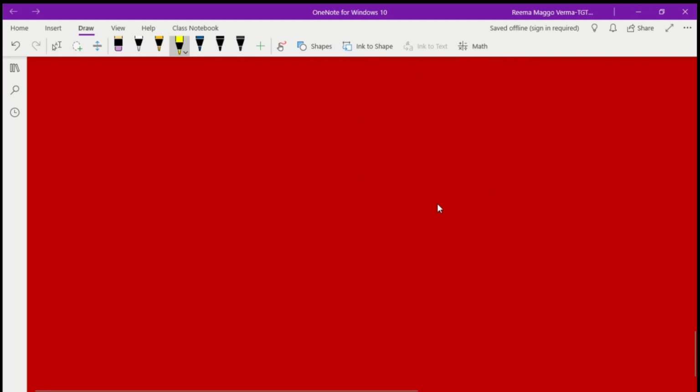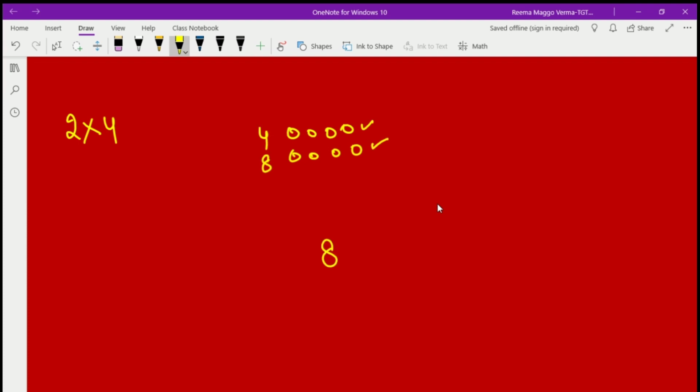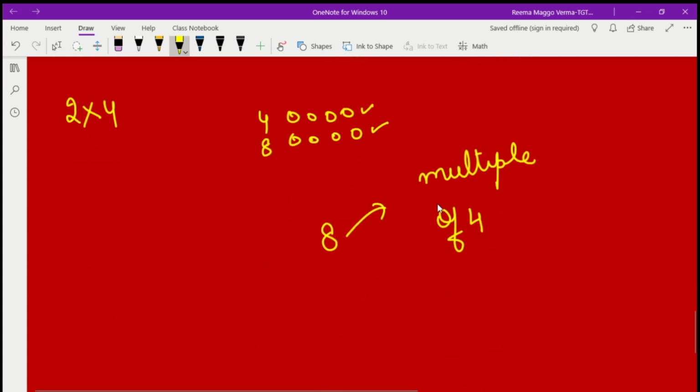Now we have 2 times 4. That means 2 groups of 4. 4, 8. 8 is also a multiple of 4 because we get 8 by taking some groups of 4. So I hope it is clear.